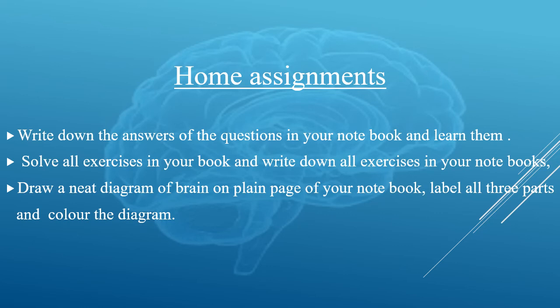Secondly, you have to solve all the exercises in your book and then write them down in the notebooks too. The third one, you have to draw a neat diagram of brain showing all the parts of the brain. You have to label it and then color the diagram in your notebooks. I hope you will do this work very neatly in a good handwriting.